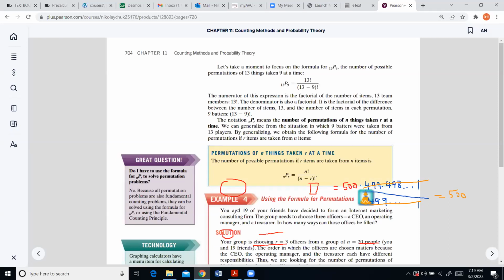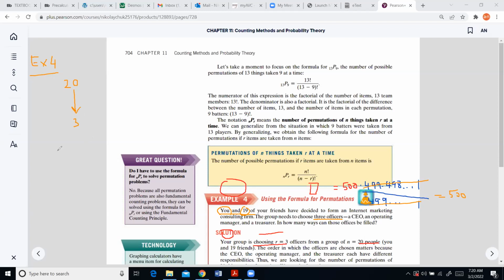It says you and 19 of your friends, so example 4 talks about 20 people. Well, it also includes you and 19, so that's a total of 20. What they do is they try to select 3 officers out of this group of 20 people.